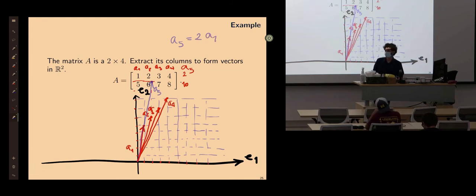Clearly, if we know A1, we can just know A5. There is really no need to include A5 as an independent column here, because later we will see that will cause problems in solving linear systems of equations. So you could say that A5 is dependent on A1. Now, of course, you could say A1 is half of A5. It's the same thing, right? Goes both ways.